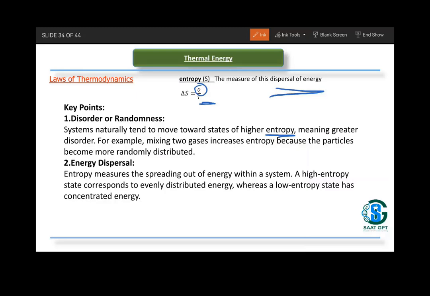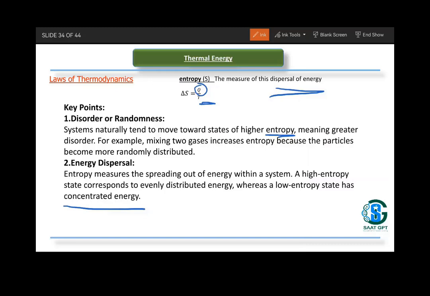Energy dispersal: entropy measures the spreading out of energy within a system. High entropy, high randomness corresponds to evenly distributed energy, whereas a low entropy state has concentrated energy.